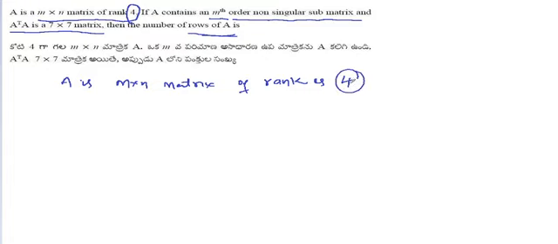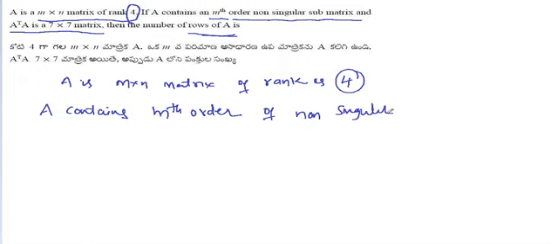A contains an mth order non-singular submatrix, and capital A is a non-singular matrix.